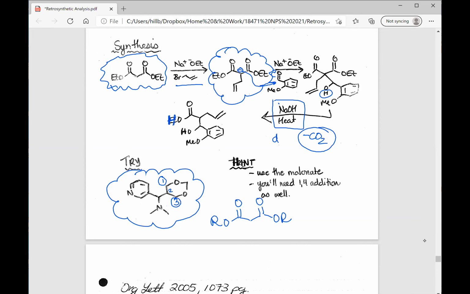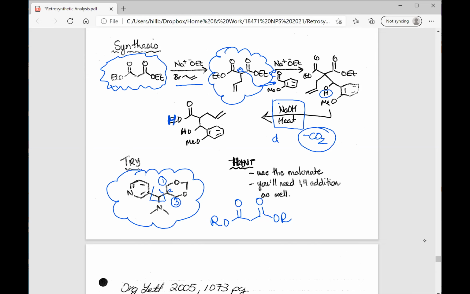You'll notice that there are 2 groups, so this bond needs to be made at some stage, and either the phenyl or the amine bond needs to be made at some stage, based upon how we would disconnect that. The rest of the stuff which happens with the acetal is just a functional group interconversion.